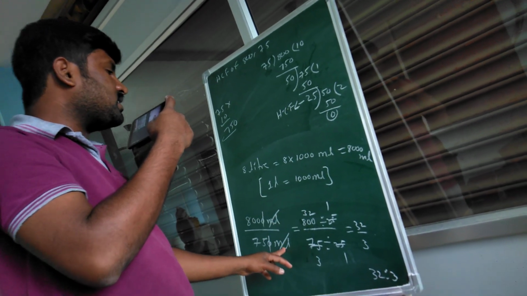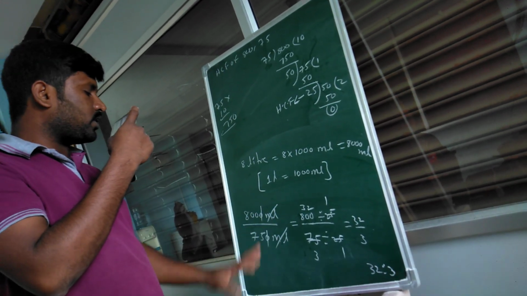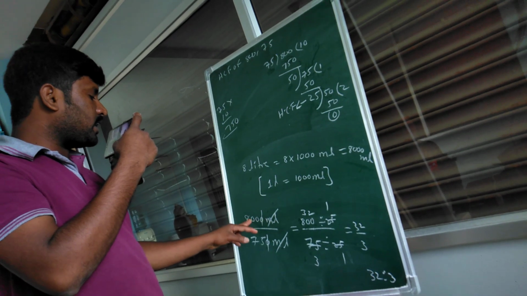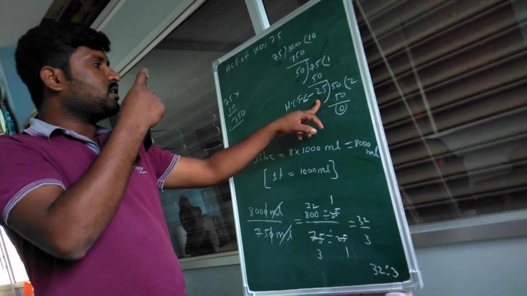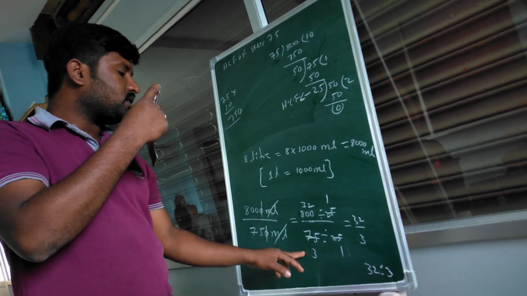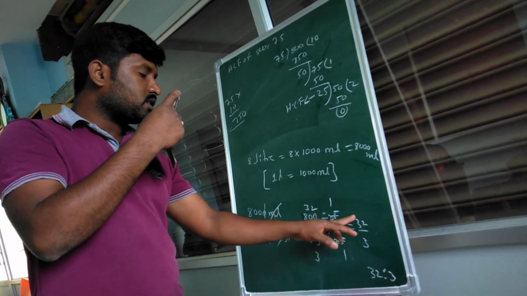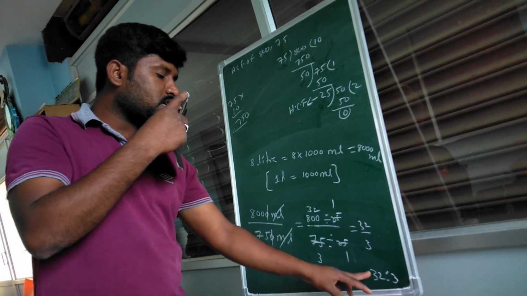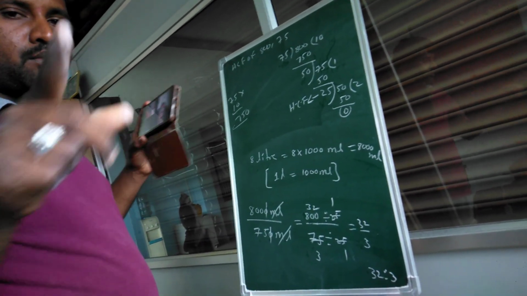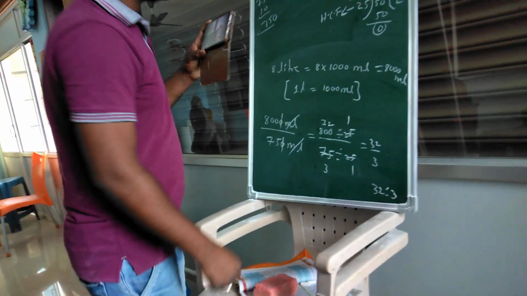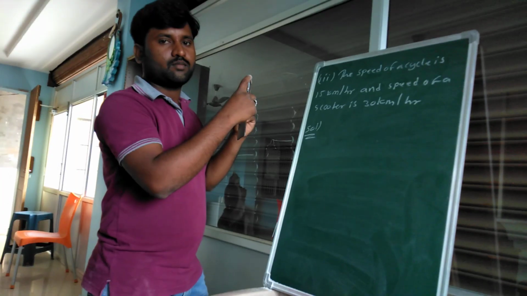Units cancel because a ratio has no units. Zeros cancel, so 800 by 75. The HCF of these two is 25. So with 25 I divided, so I am getting 32 by 3. 32 by 3 is 32 is to 3. Okay students? Yes. Next, the third question.